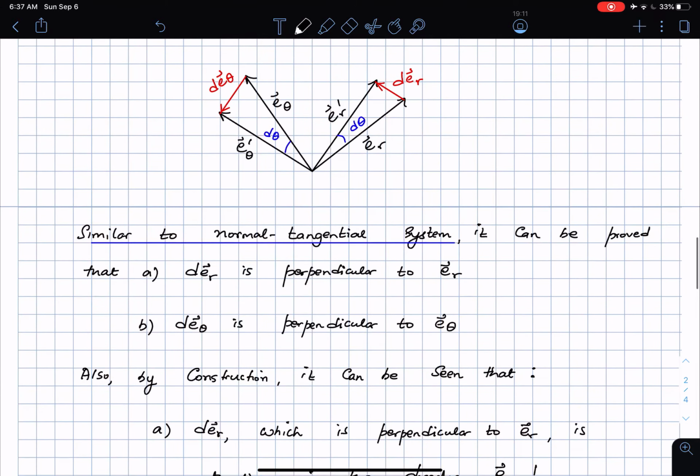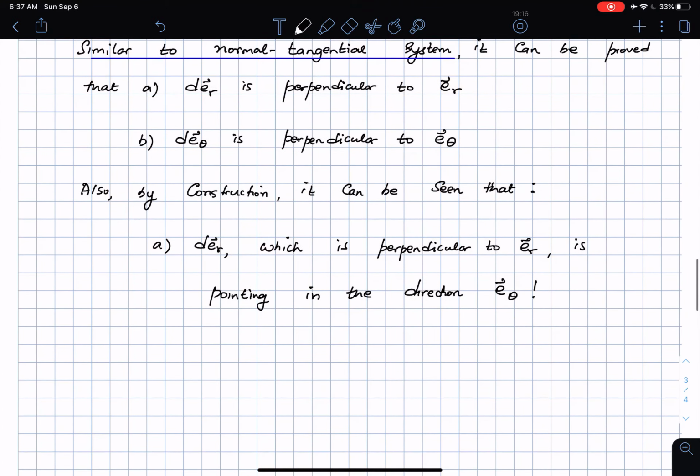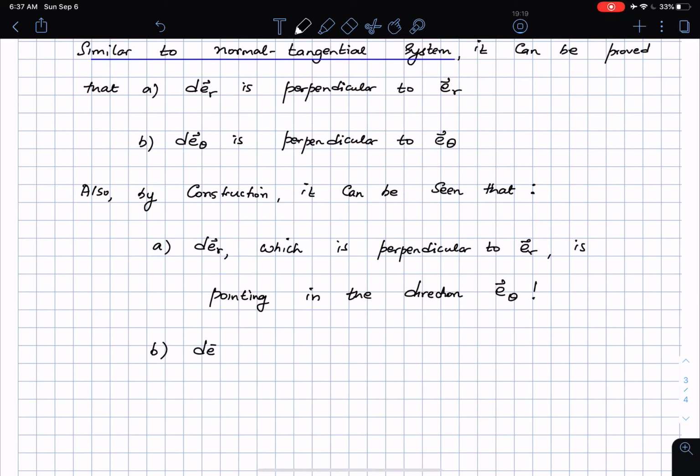And then likewise dE theta, that's a crucial thing here, dE theta, which is perpendicular to E theta, is pointing in the direction of negative ER.